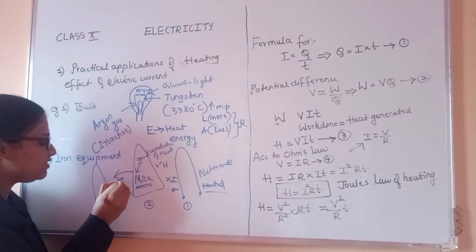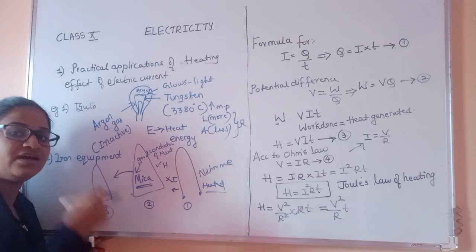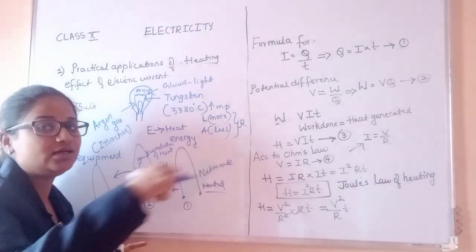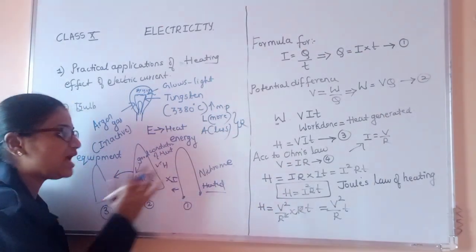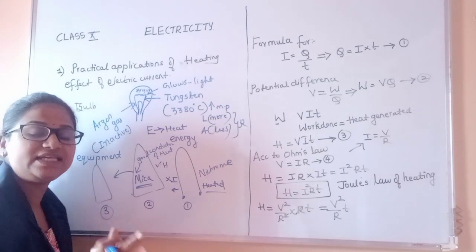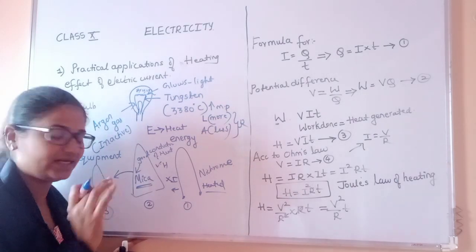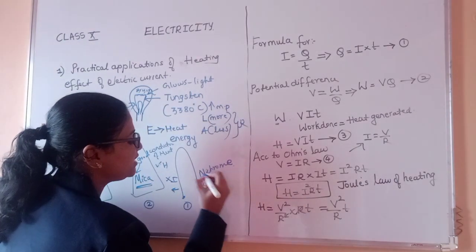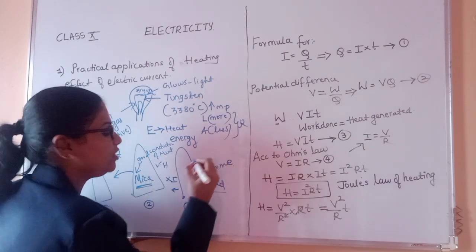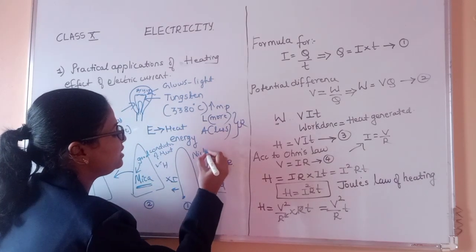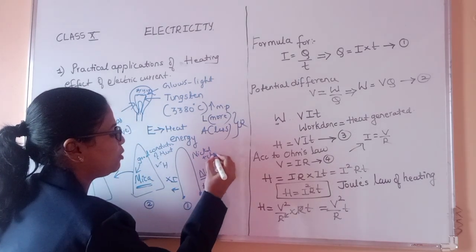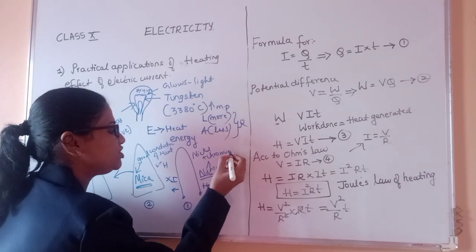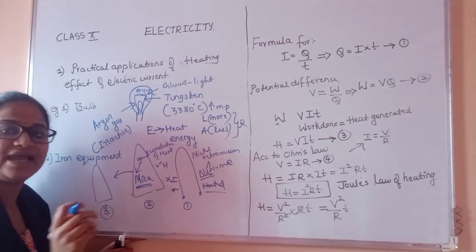Then again the heat will be transferred to the third plate, which we press on our clothes. Like this, the iron machine works on the heating effect of electric current. The nichrome wire is an alloy made up of nickel and chromium, which are good conductors of heat and current.